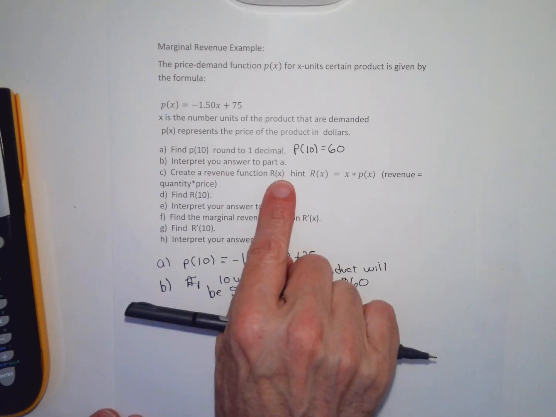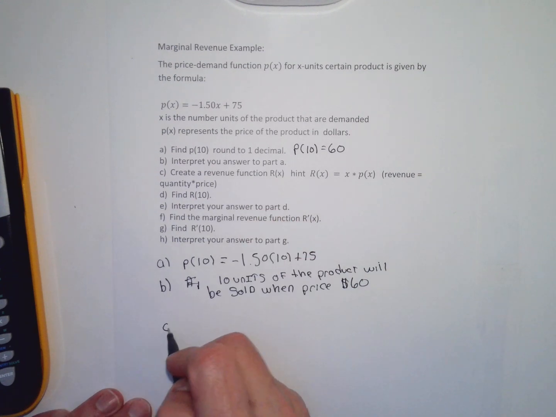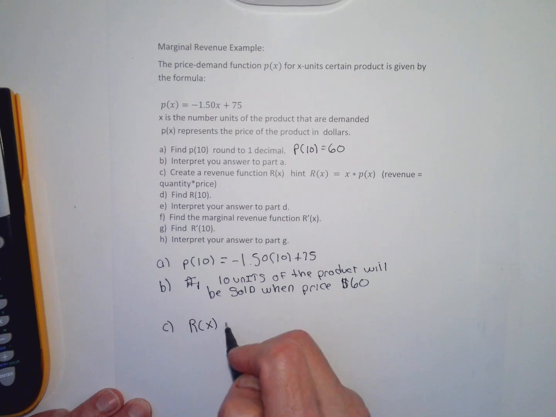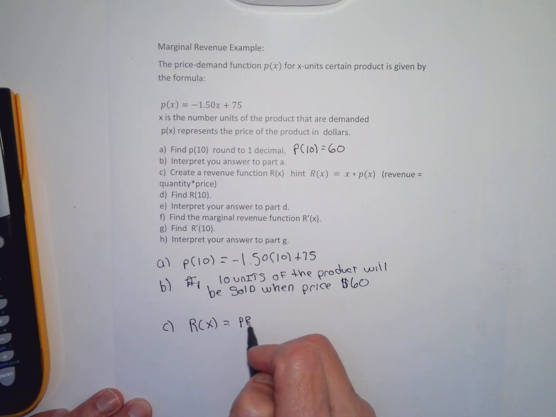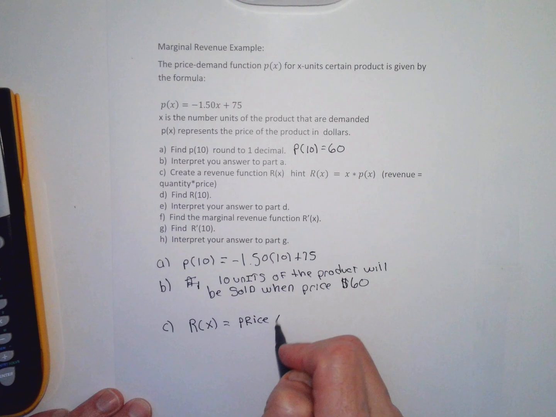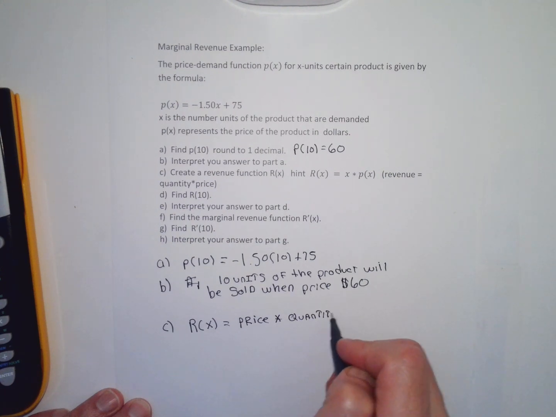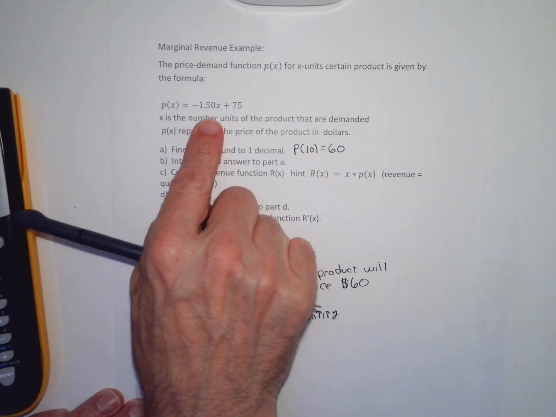Now I'm going to create the revenue function in part C. Revenue is price times quantity. And for us, I'm going to use the price demand function for the price.